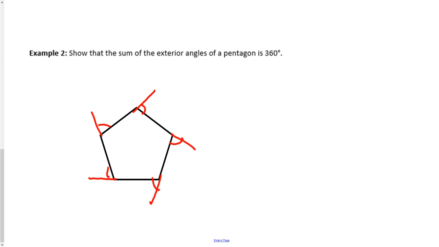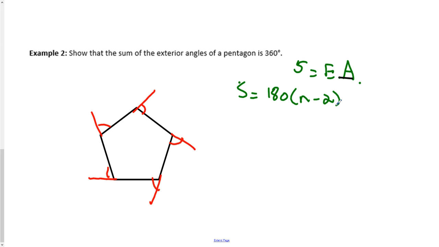So I have 1, 2, 3, 4, 5 sides and I have 5 interior angles. So that also means I'm going to have 5 exterior angles as well. Now I want to find the sum of these exterior angles, and I haven't given you any formulas for that. I know that the sum of the interior angles is 180 times n minus 2.